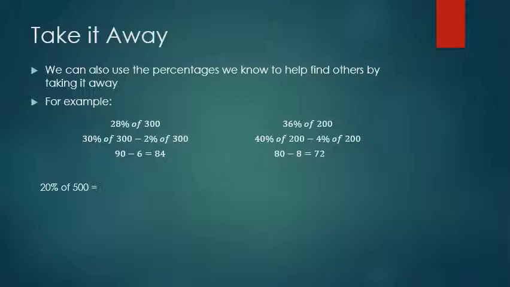Okay, so to find 20% of 500, we start by finding 10% by moving that decimal one place to the left. 10% of 500 is 50, so 20% of 500 would be 100. 3% of 500, we start by finding 1%, which would be 5, and then multiply it by 3, and we get 15. So let's combine those and see if you can find 17% of 500.